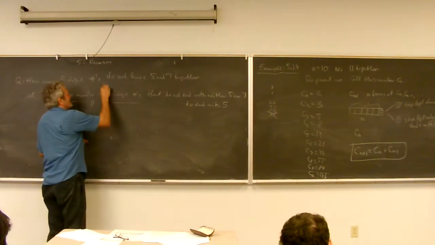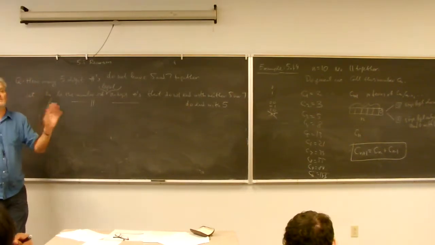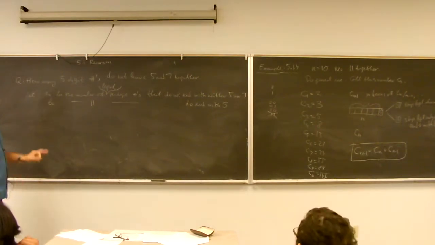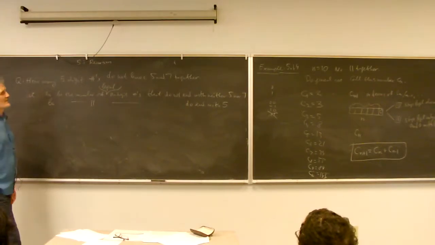Of legal end digits, what do I call legal? No 5 and 7 together earlier. So no 5, 7 together, but it doesn't end with 5 or 7. Still legal, and it doesn't end with 5 and 7.